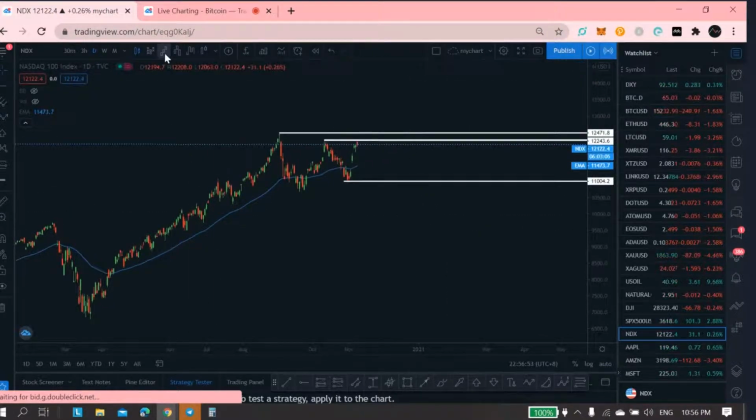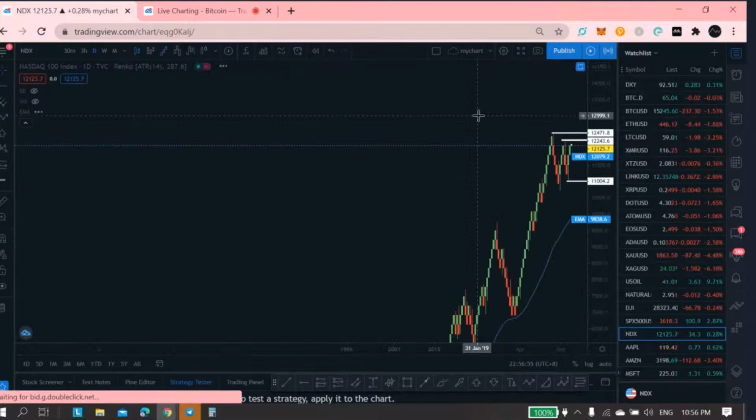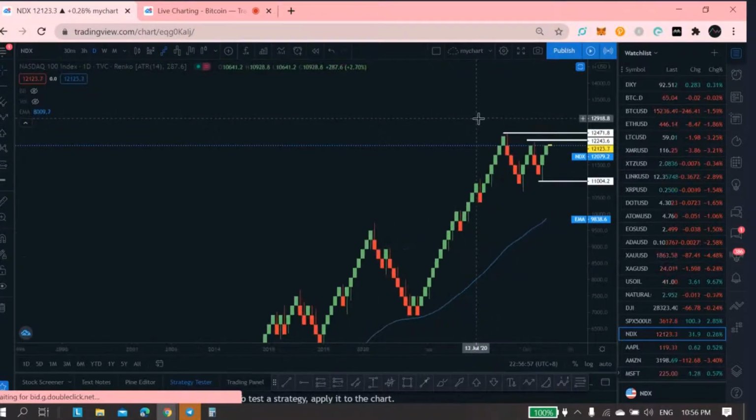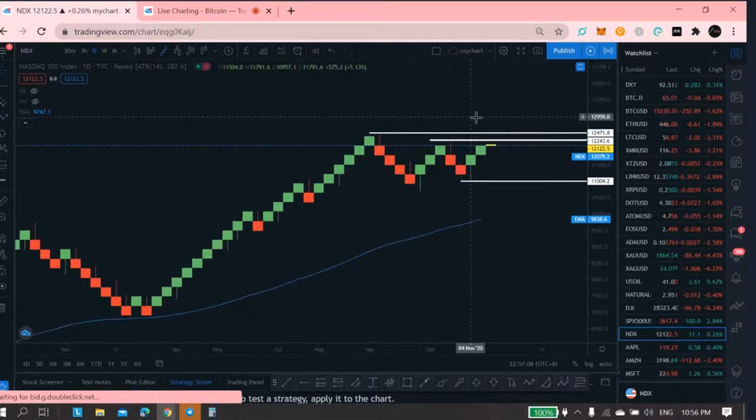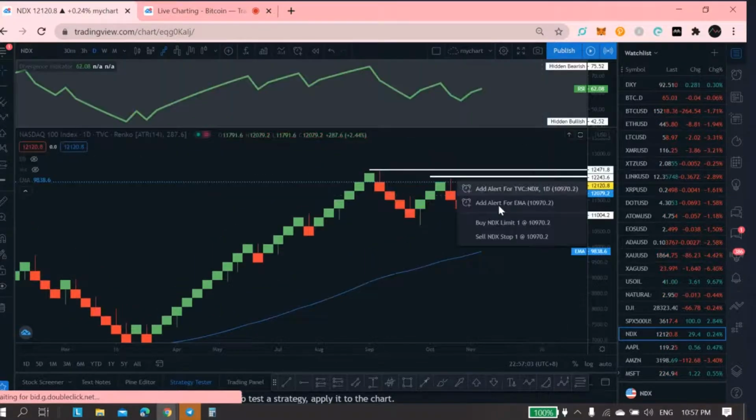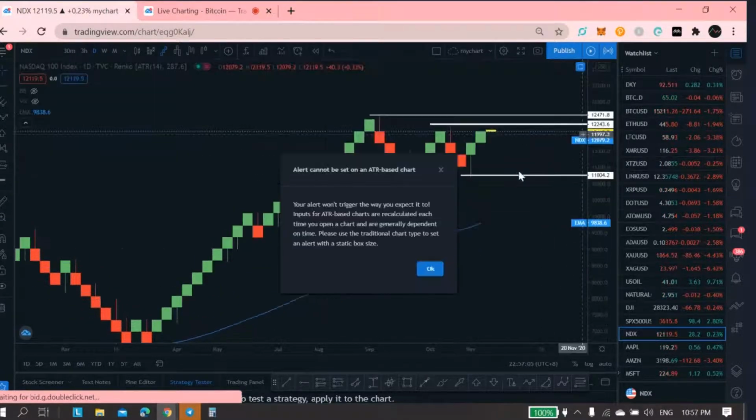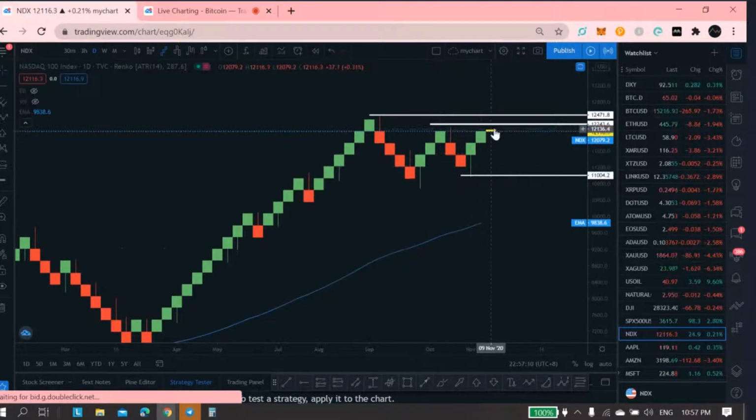Anyway, let's look at the Renko chart. It's actually a more bullish one, because it's creating a projected bullish Renko chart that could possibly retest the previous all-time high of around this area, the 12,400 area.